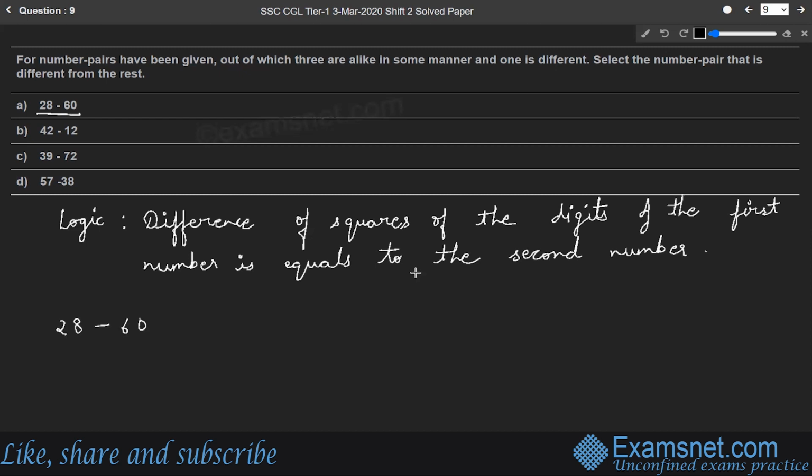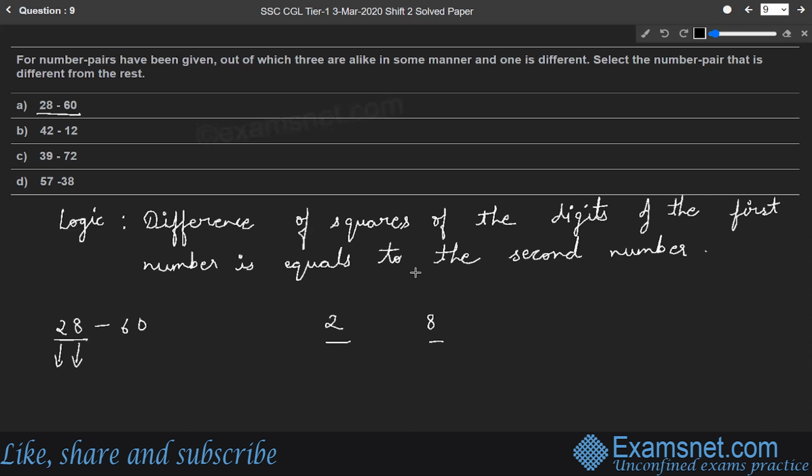So let us use this logic here and check whether it is right or wrong. Here the first number is 28. In the first number there are two digits. First digit is 2 and second digit is 8. The logic is difference of the squares of the digits of the first number. So here we have two digits, 2 and 8. We have to find the difference of the squares of both these numbers, and we know that difference means larger number minus smaller number.